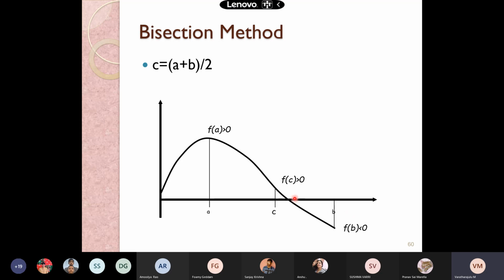See, this C we are going to take as A instead for the further iteration.